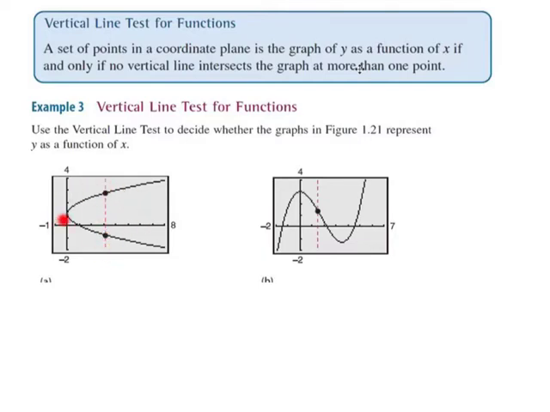So this cannot be a function. However, on this one, if I were to draw a vertical line here or here, it's only going to intersect this graph at one point. So A is not a function, and B, yes, is a function.